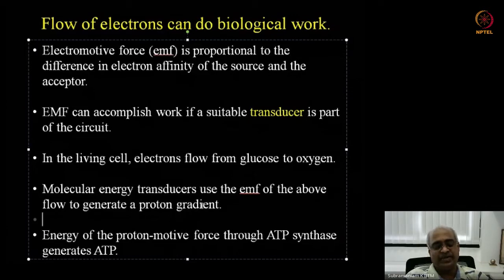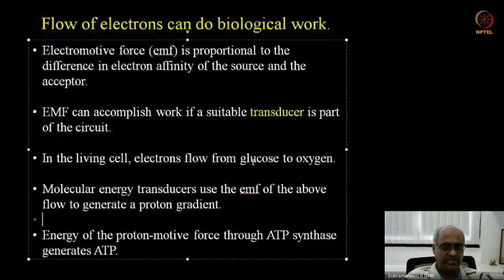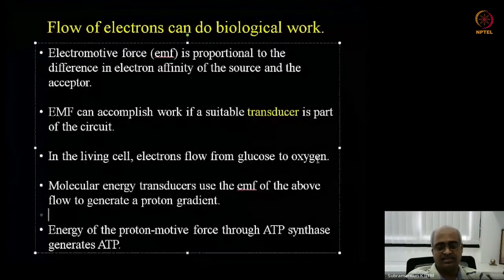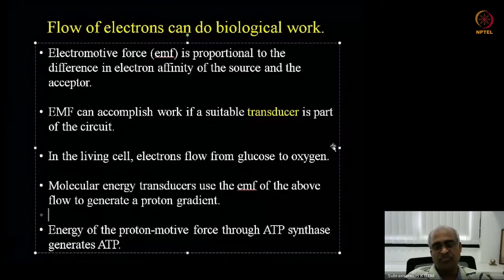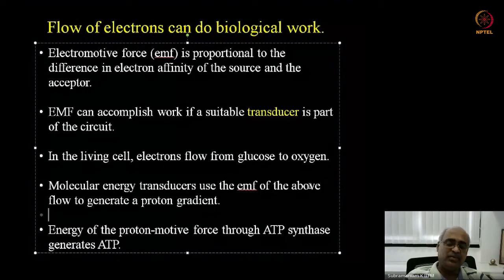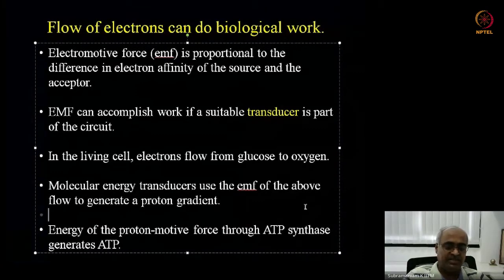This we will learn at length when we go to oxidative phosphorylation. This is pretty much the summary of the whole thing. So when the glucose has low affinity for electrons and oxygen has high affinity, it flows from glucose to oxygen. And earlier I have told you that this happens stepwise.